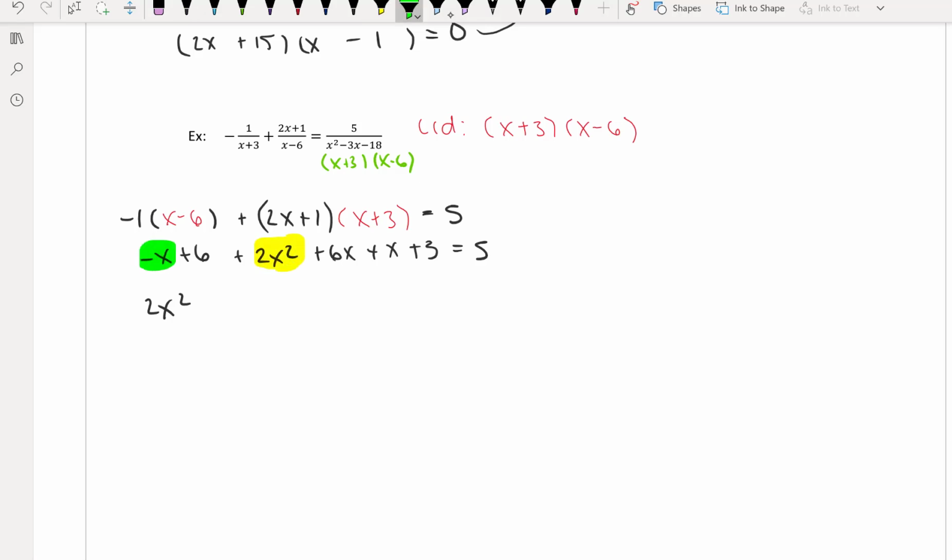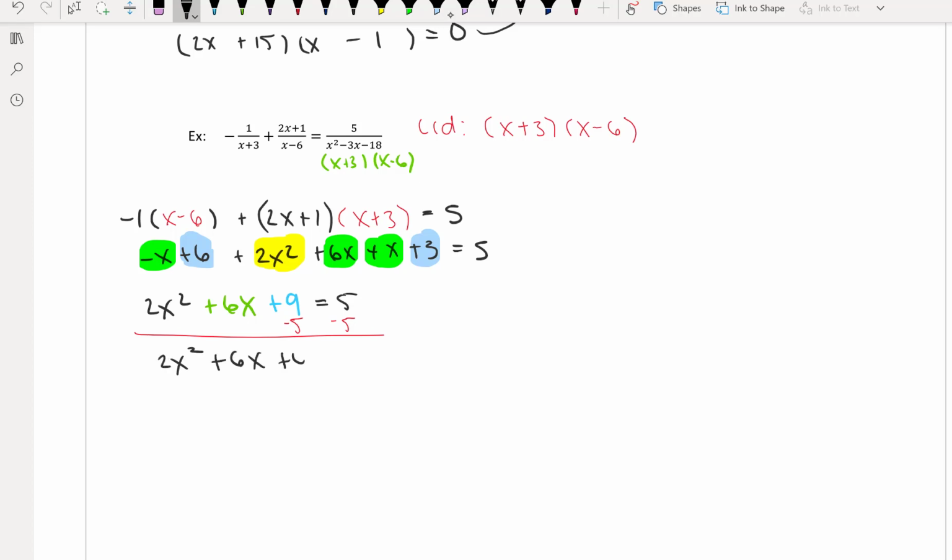I have a negative x and a positive x, so they cancel, and you're left with a positive 6x. Now it looks like you have a positive 6 and a positive 3, which gives you a positive 9, and it's equal to 5. I want that to equal 0, so I'm going to subtract 5 from both sides. So I get 2x squared plus 6x plus 4 is equal to 0.